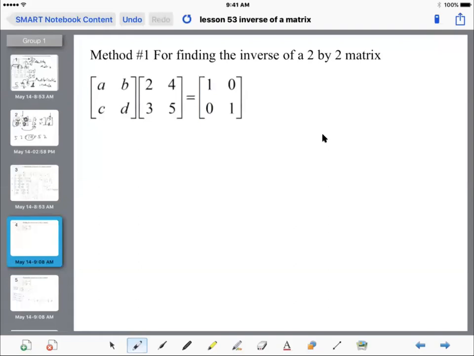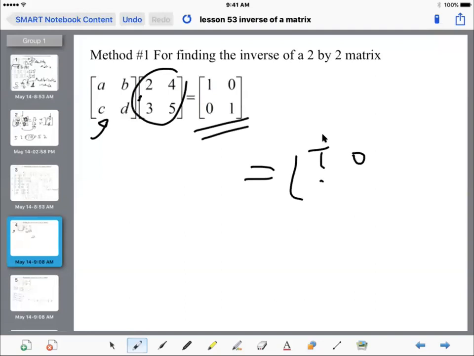Method 1, 2, and 3. Here's method 1. Method 1's the most obvious approach, though it's not going to be the fastest way. So we're saying ABCD is the inverse. It's the thing I multiply by 2, 4, 3, 5 to get 1, 0, 0, 1.